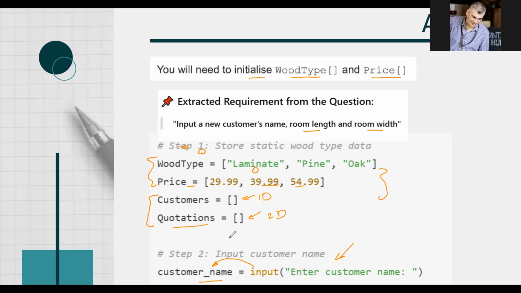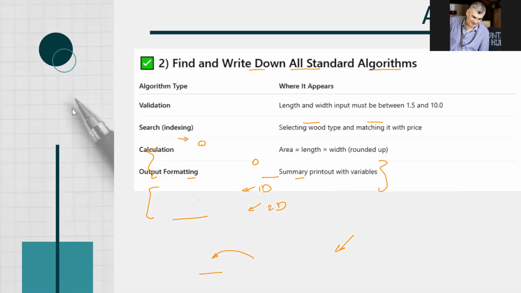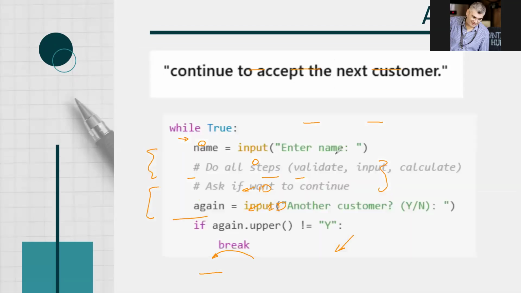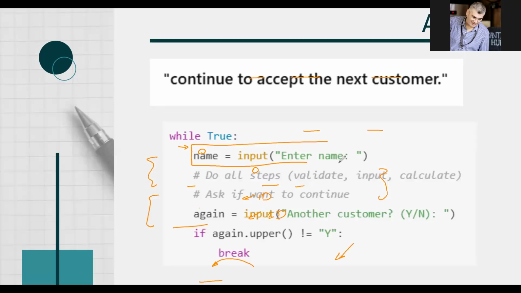If you still remember, we have done this as a part of here. So this is exactly taking the customer name. But this is just a template showing us, so we have to insert this portion here.